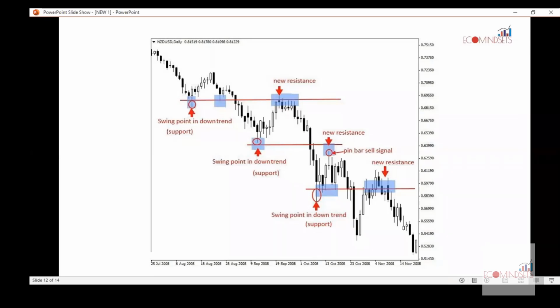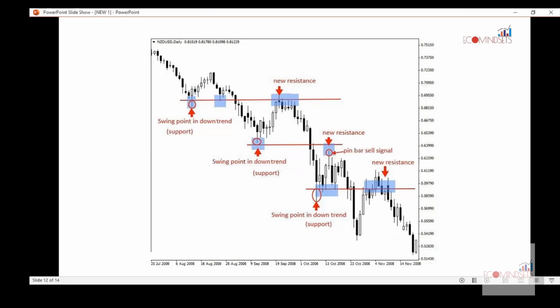You'll have these support and resistance levels created in the market due to the swing highs and swing lows formed as a result of change of trend, either a range, a downtrend or an uptrend.